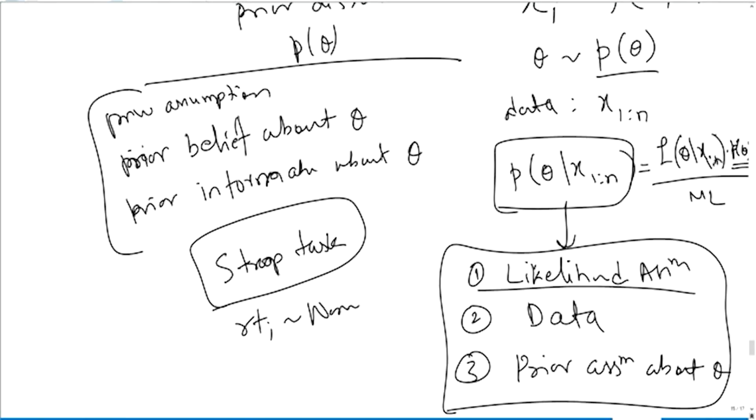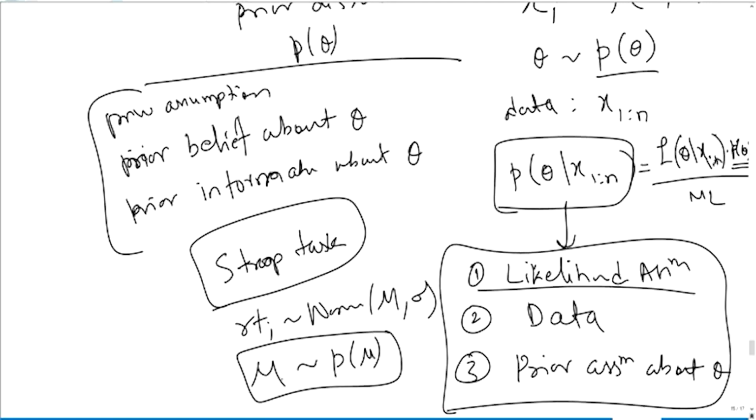So, let's say you make some model that reaction time on an IF trial on a Stroop task comes from normal mu sigma. So, to specify a prior on mu, you already know a lot. Mu is average reaction time. You already know about average reaction times that you observe in Stroop tasks, right? There is a history of the Stroop task. It has been done so many times, right?